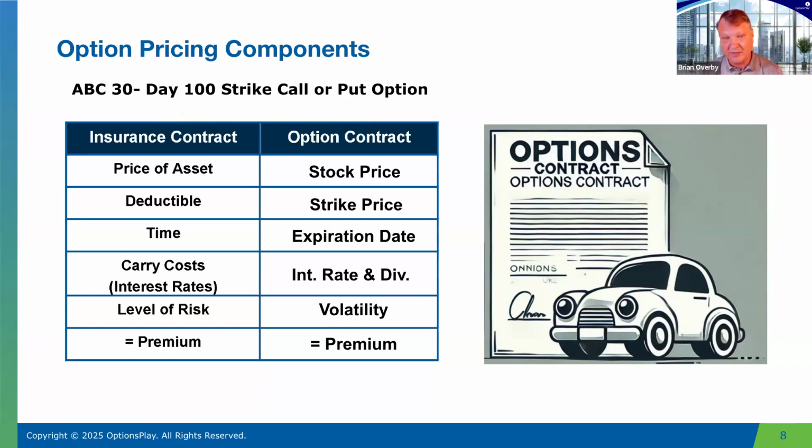Now, what's real interesting is I actually wrote a chapter in Options Essentials, which was one of the first chapters I ever wrote as far as option trading is concerned. And it covered where option trading came from. Back in the day, they used to just publish contracts and say, hey, we have this option contract. Would anybody like to buy or sell this option contract?